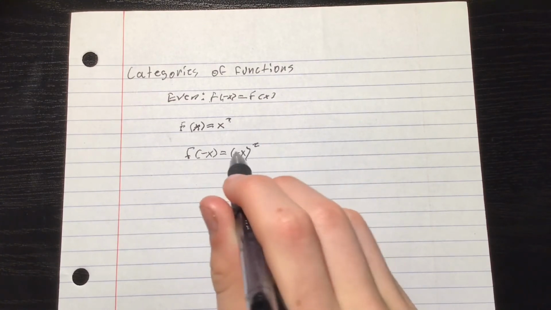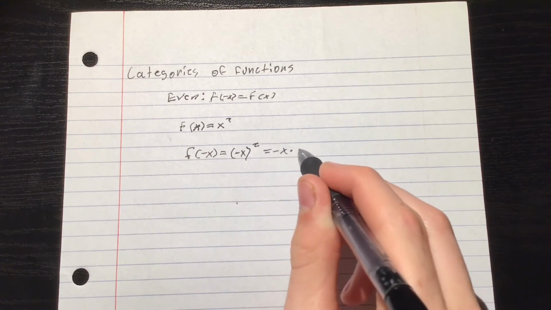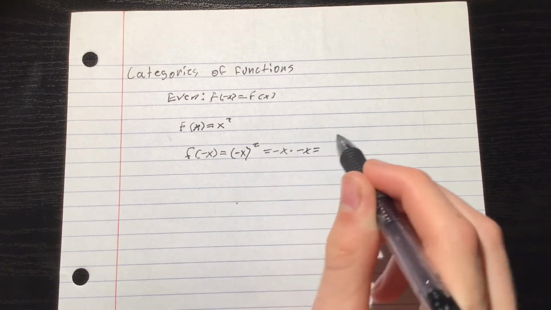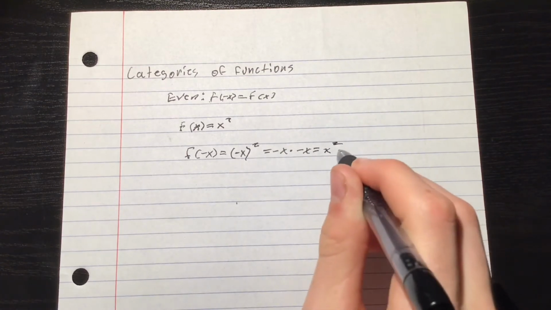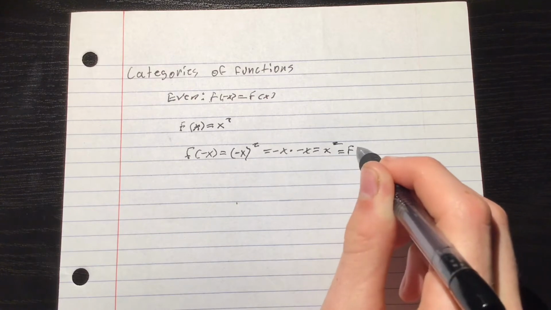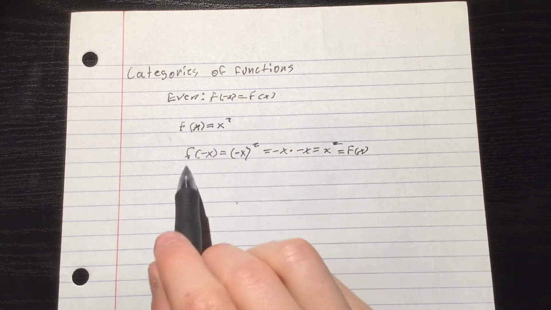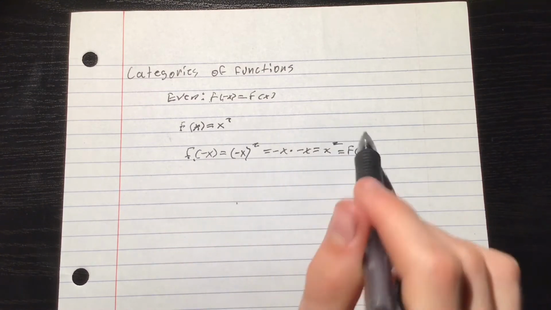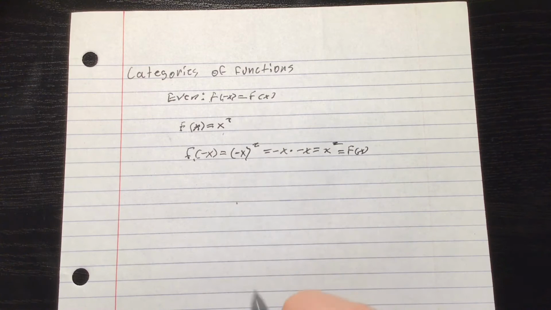And so now we have a negative x quantity squared, which if we wanted to rewrite that would be negative x times negative x. A negative times a negative is a positive x squared, and positive x squared is the same as f of x, what we started with. So now we see f of negative x equals f of x, so x squared is indeed an even function.